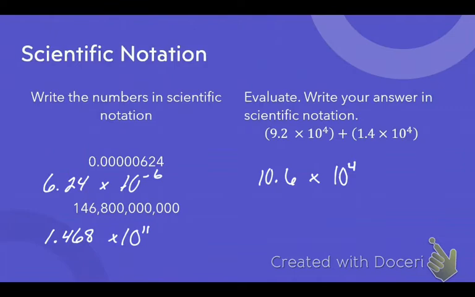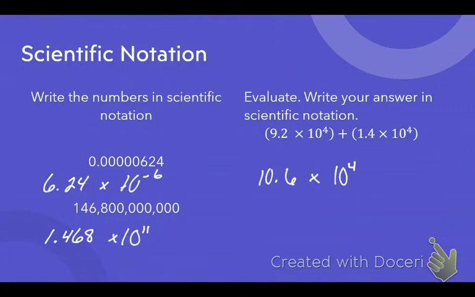But this answer is wrong. I'm going to give it to you as an answer choice on your final, but it is not correct. Can anybody raise your hand and tell me why this is not the fully correct answer? What is it, William? It's greater than 10.